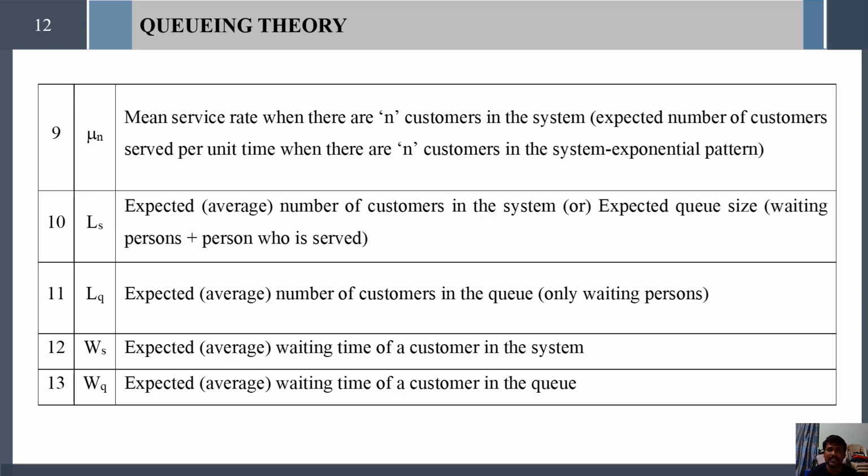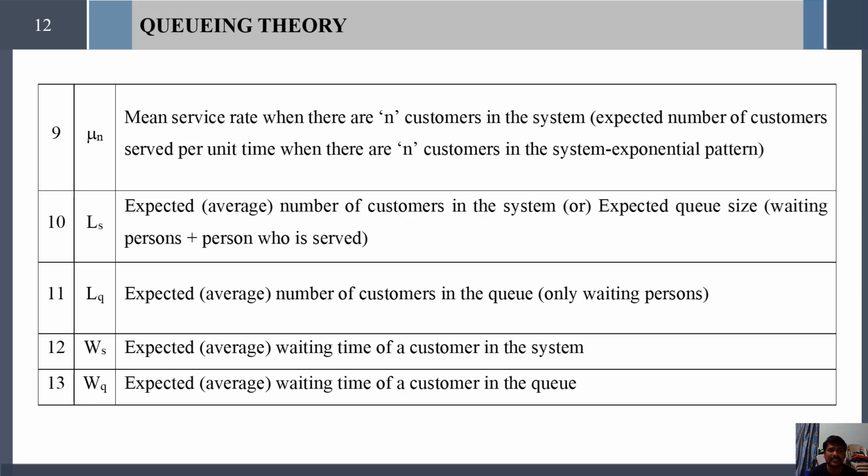So this entire pattern of customers, servers and waiting hall is called one system.